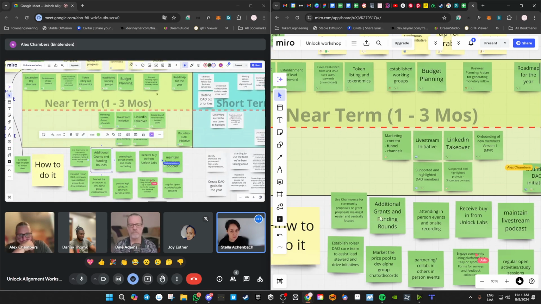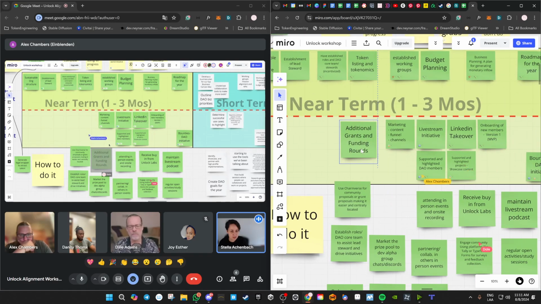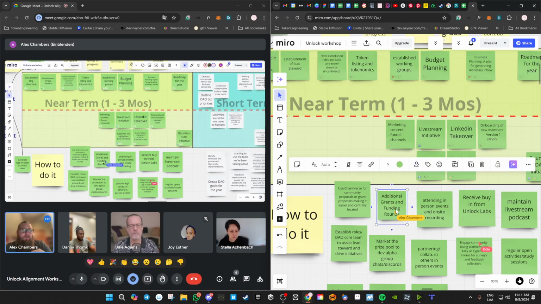So we didn't even have this on the board so far. Should we just drag it up here? Well, essentially think about the milestones as the measures by which we are successful. So can you relate additional grants, funding rounds to one of the milestones that we've agreed on meeting?